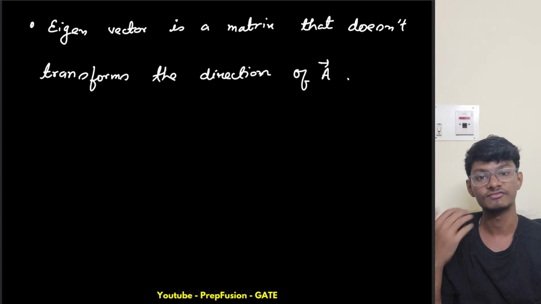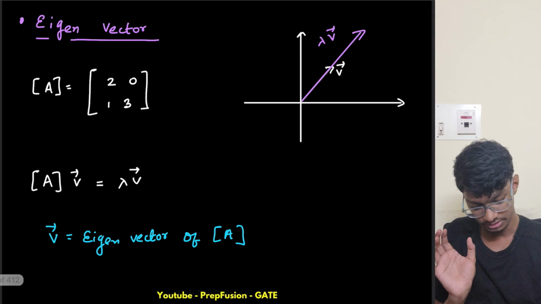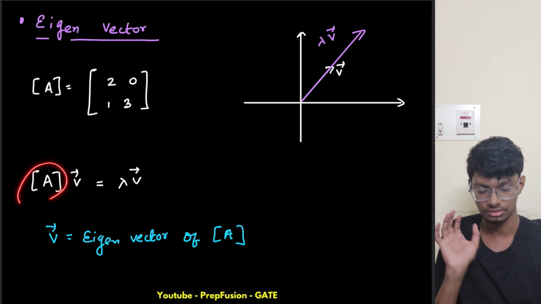Now what does eigenvalue mean? Eigenvalue is basically the scaling factor. This lambda is known as the eigenvalue of this matrix.